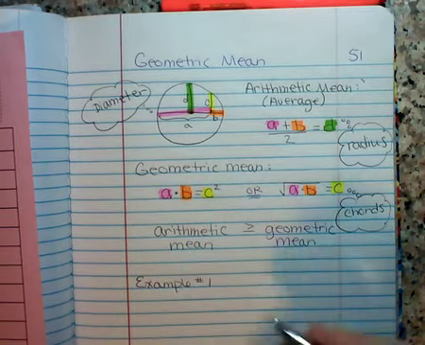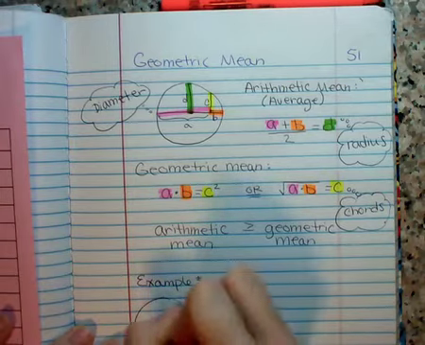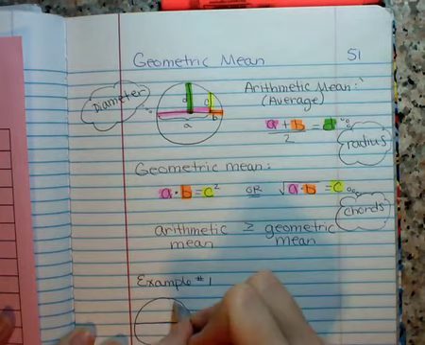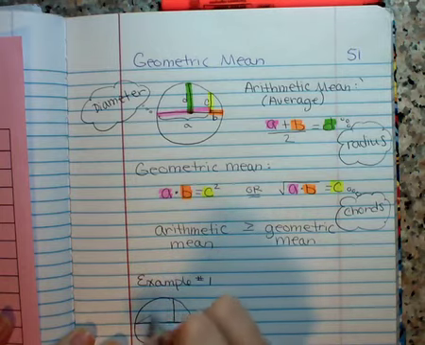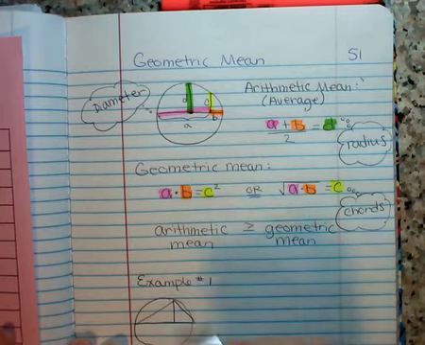Okay, so example number 1, let's go ahead and draw ourselves a circle with a diameter. And I'm going to sketch in this right triangle here as well.